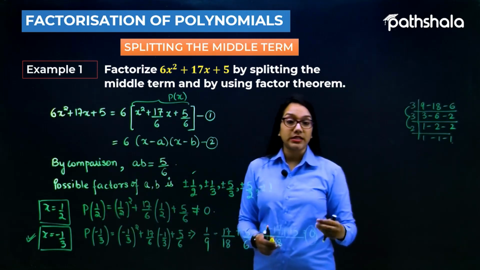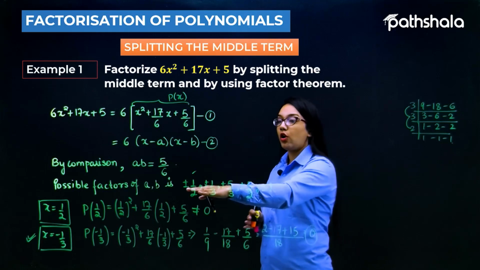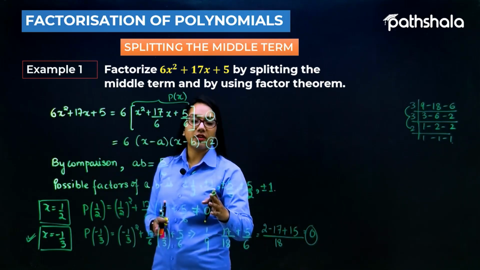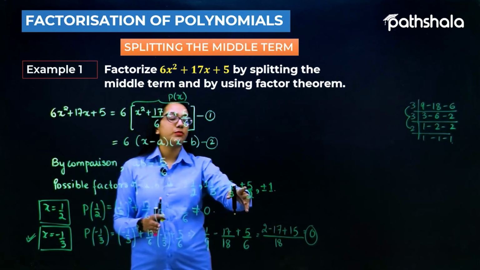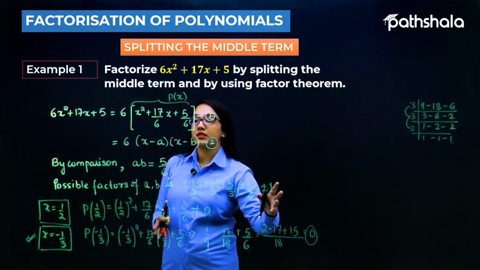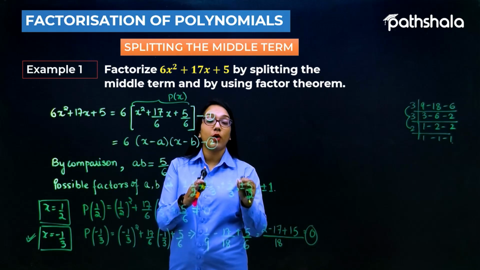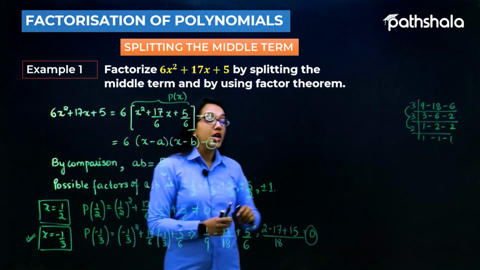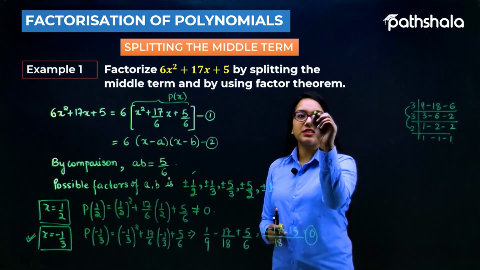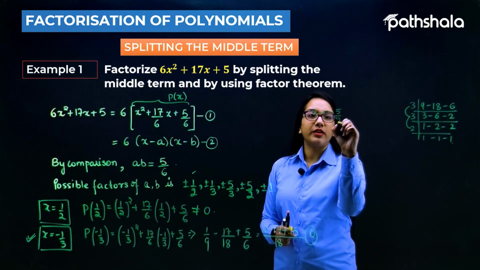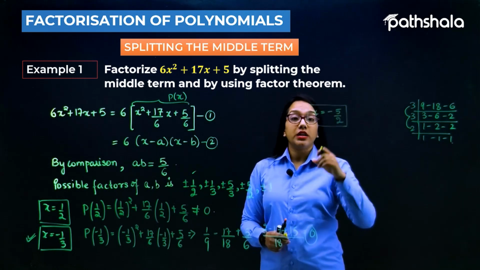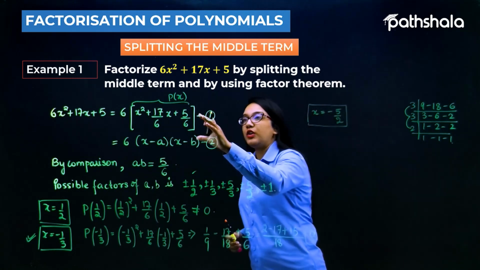In the same way, we have to check all the factors, that is plus minus 1 by 2, plus minus 1 by 3, plus minus 5 by 3, plus minus 5 by 2 and plus minus 1, to see which of these actually satisfy this polynomial. In the same way, x equal to minus 5 by 2 will also satisfy this polynomial p of x.